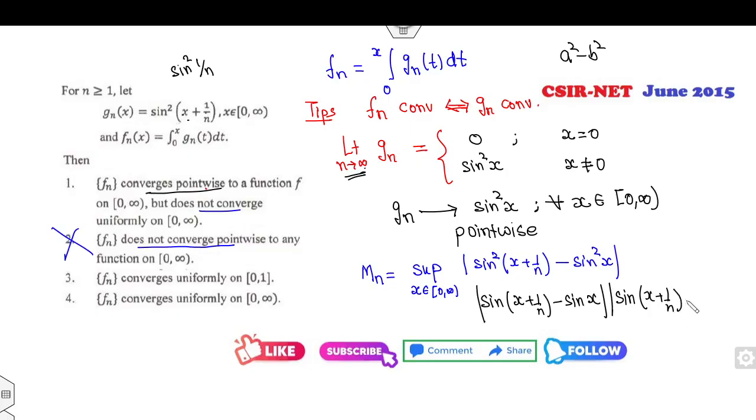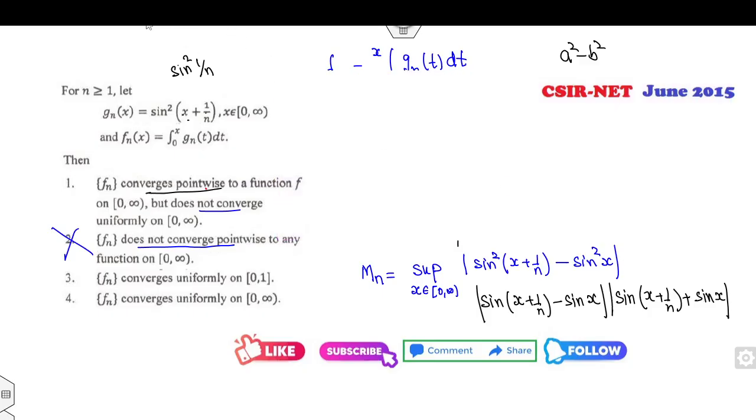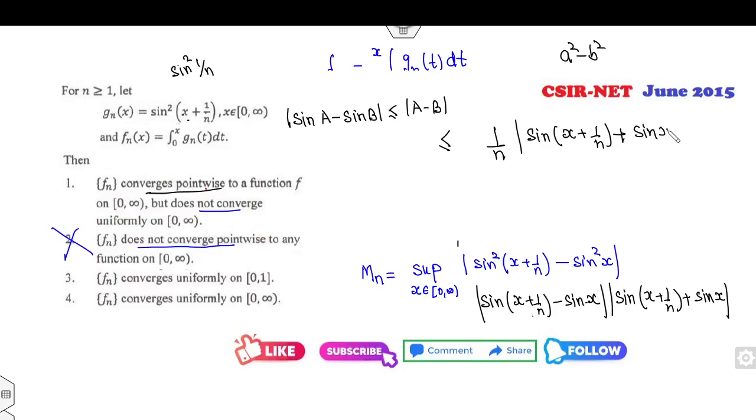We all know the inequality that sin a minus sin b is always less than or equal to a minus b. So I can use this inequality, which gives less than or equal to 1 over n times sin of (x plus 1 over n) plus sin of x.